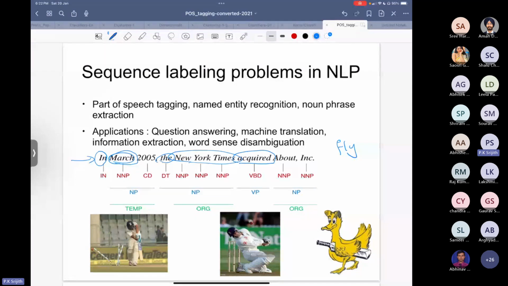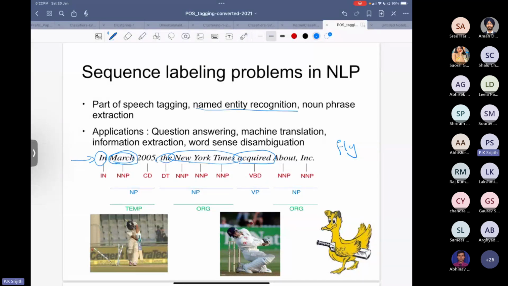Another problem would be named entity recognition. In named entity recognition, again, you want to identify the different proper nouns present in a given sentence.